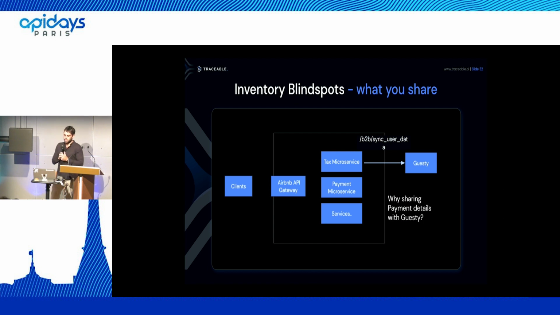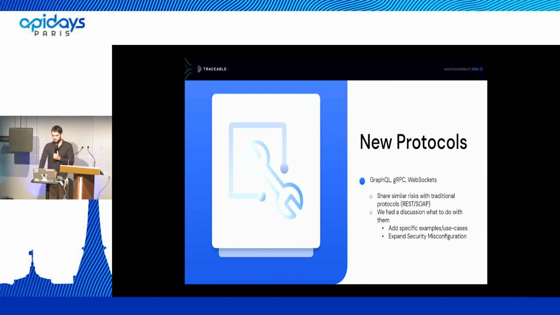And for this communication to happen, there is a sync API between the tax microservice of Airbnb and the Shkedy API. And basically, if you have information that is shared with third parties, you need to know which data is transferred between those APIs. Many times companies don't have visibility into those data flows, and this is another type of inventory blind spot.